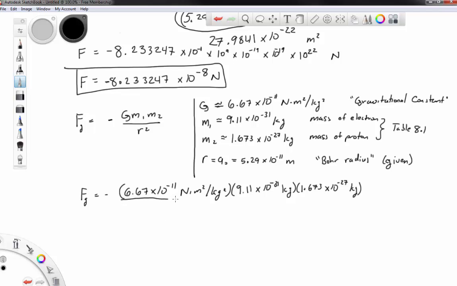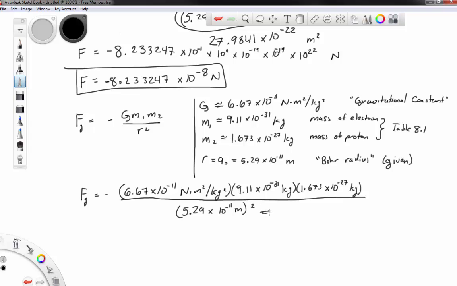Then you have to divide that by the distance between them squared, which was the Bohr radius squared. So that's 5.29 times 10 to the minus 11 meters, quantity squared.